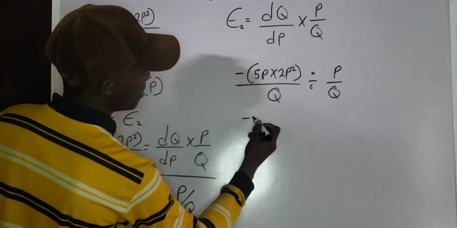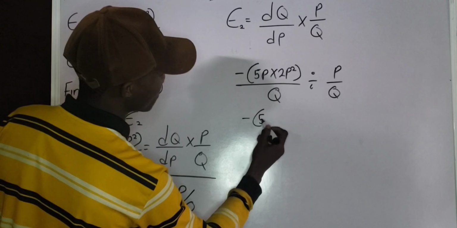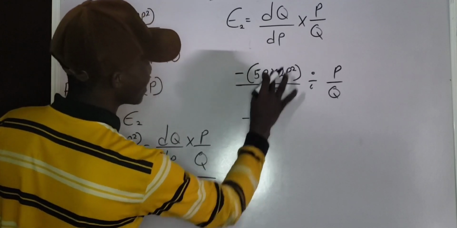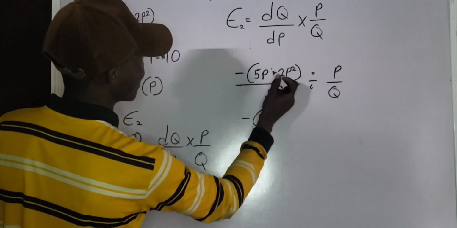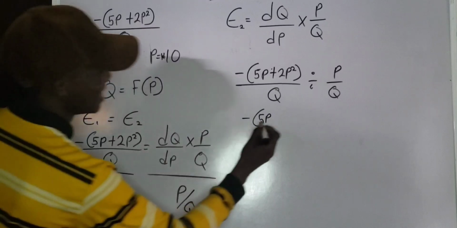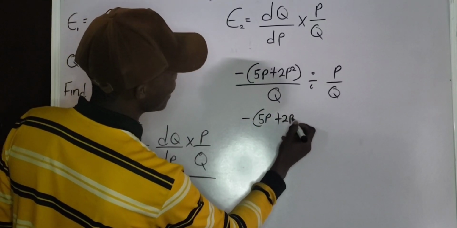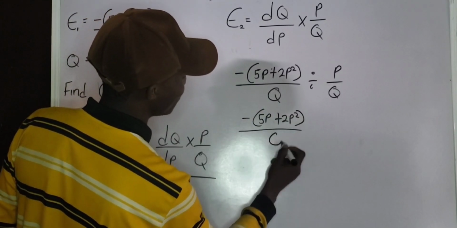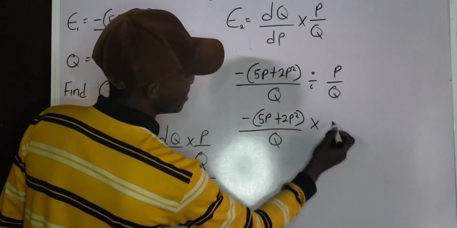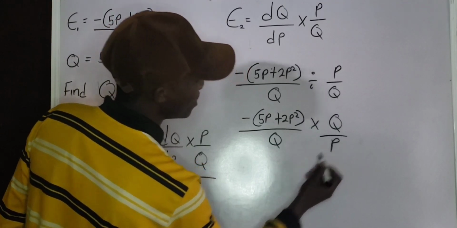Now, this can be written as minus into bracket 5p plus 2p squared all over Q multiplied by this Q all over P. You know the reason?